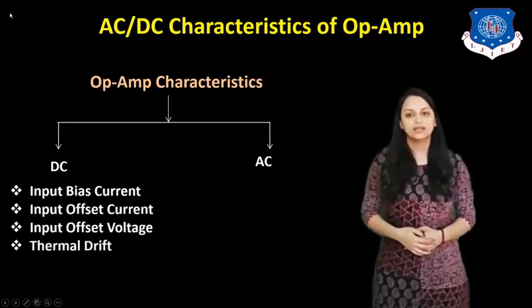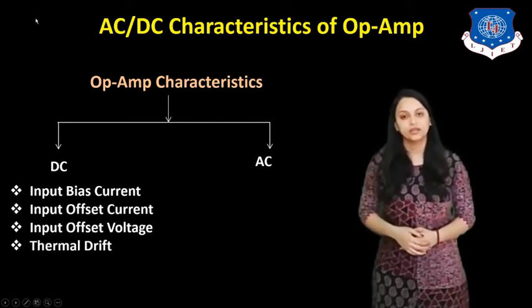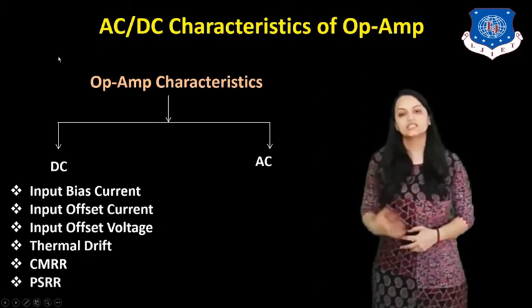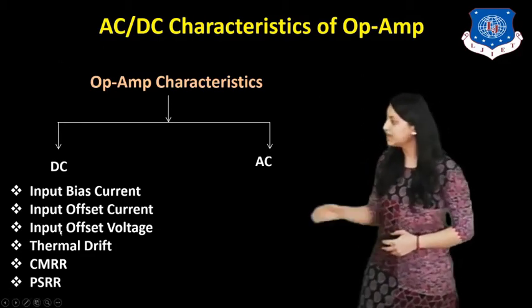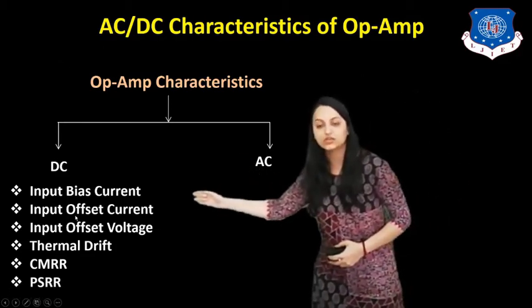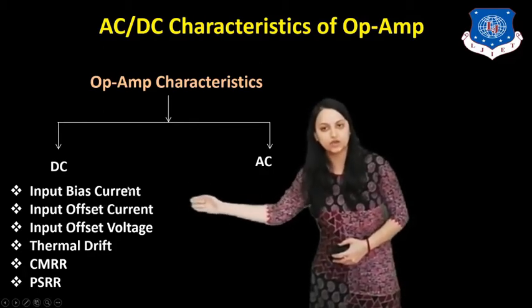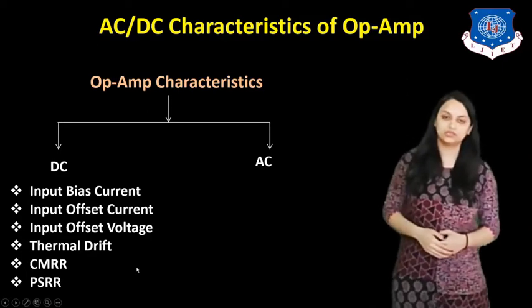After that, thermal drift, and then CMRR. And the last one is PSRR. So these are the basic DC performance parameters, or DC characteristics, of op-amp that we are going to see.